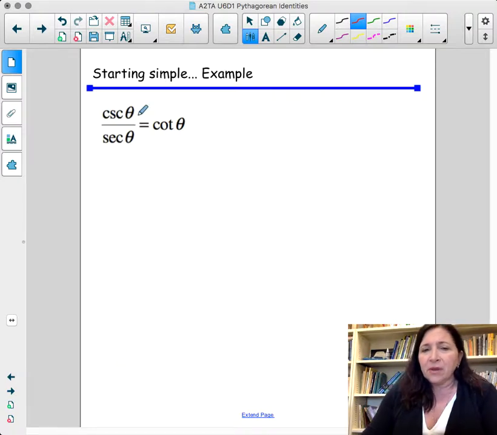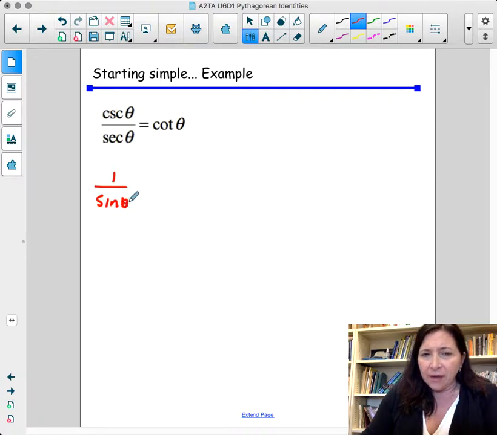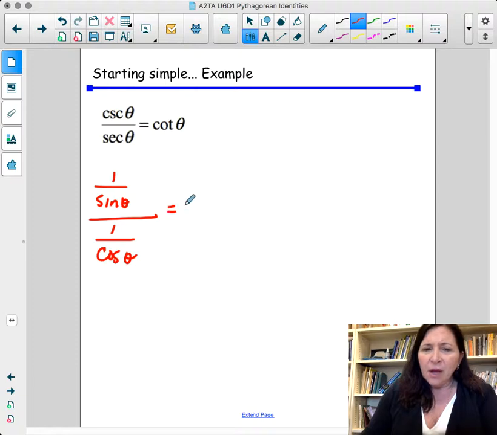For example, cosecant of theta, its reciprocal function is going to be 1 over sine of theta. And this is going to be divided by secant of theta, which is 1 over cosine of theta. Now, I can write cotangent of theta every time, or I can just write it at the bottom.